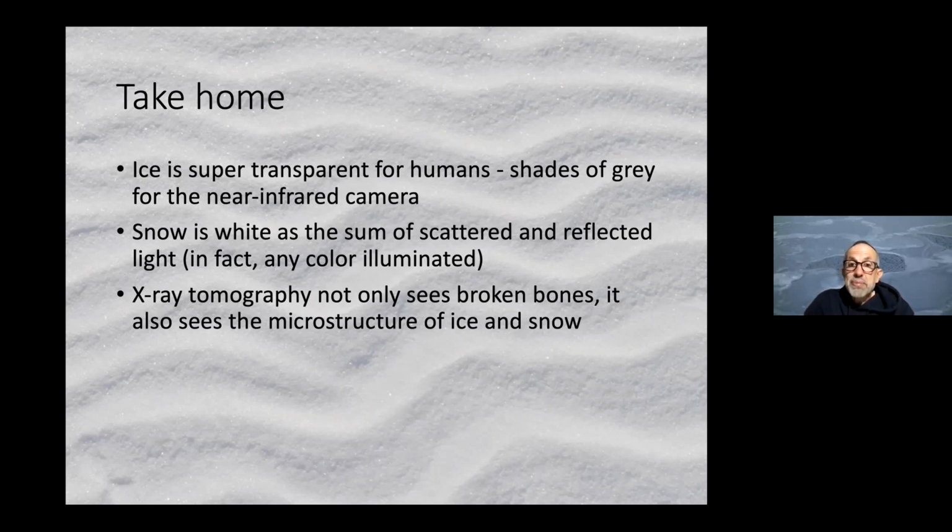Snow is white because it's a sum of scattered and reflected light. If you would illuminate snow with red light, it would become perfectly red. So it's just because sunlight has all these colors in quite an equal distribution, and we see that as an equal distribution, that snow is white.